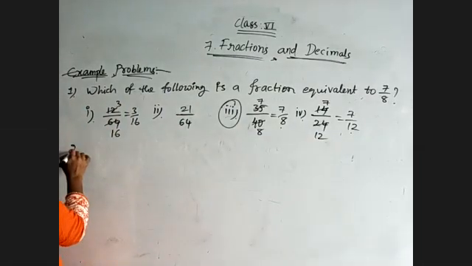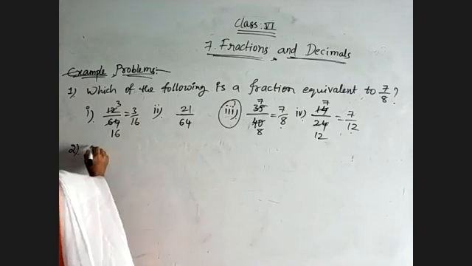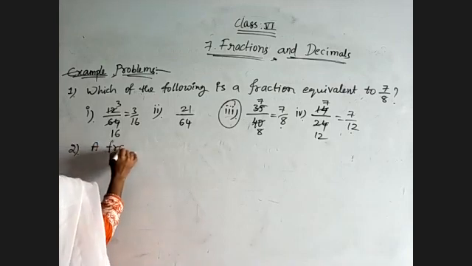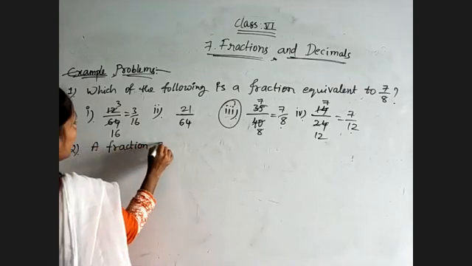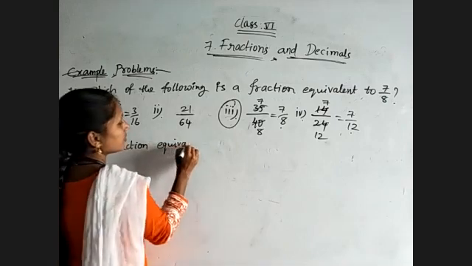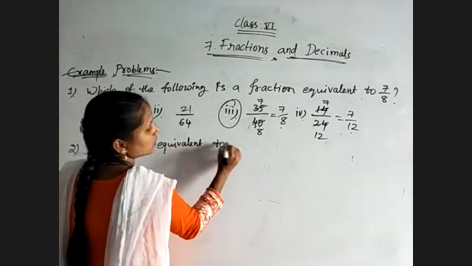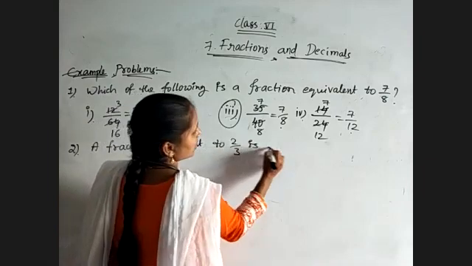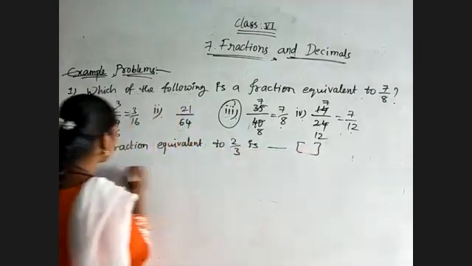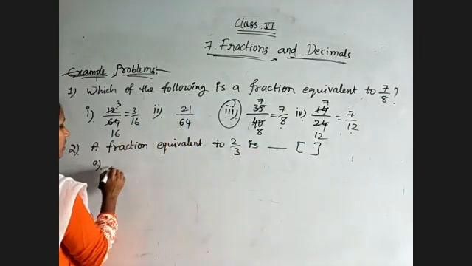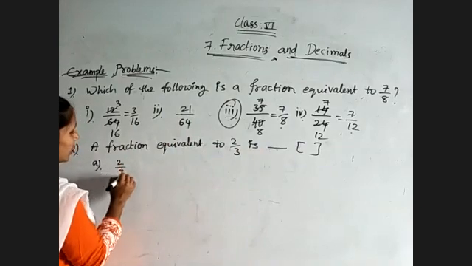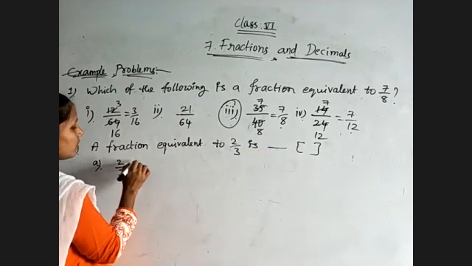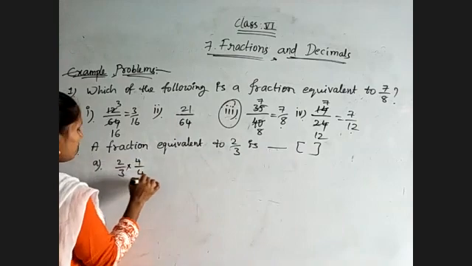If suppose they are given like this: a fraction equivalent to 2 by 3 is dash. So here I am giving options also. Option A, 2 by 3 into 4 by 4.